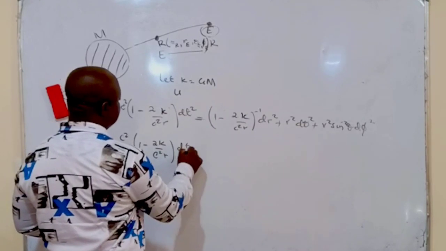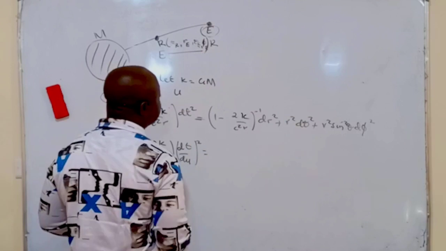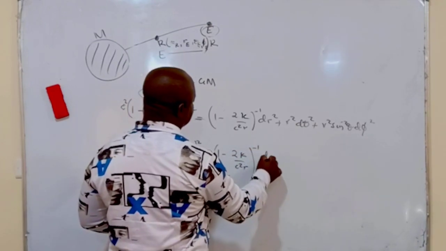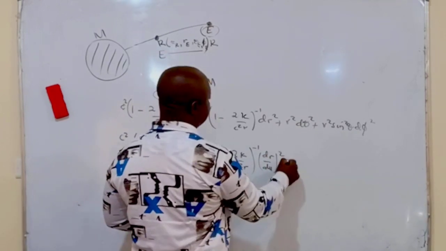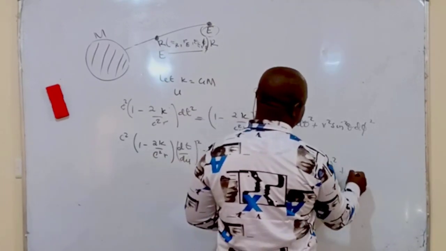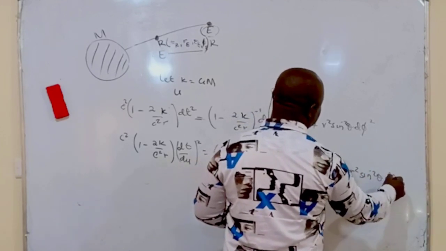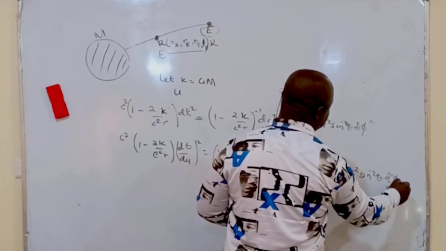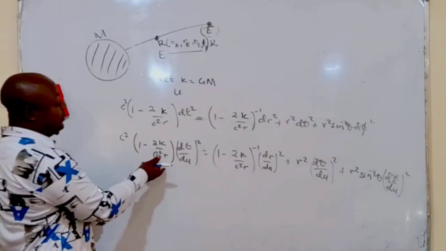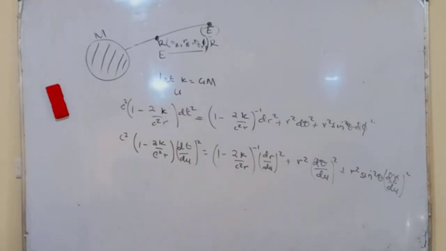Is this correct? So I've introduced a parameter u all through, at the denominator throughout.